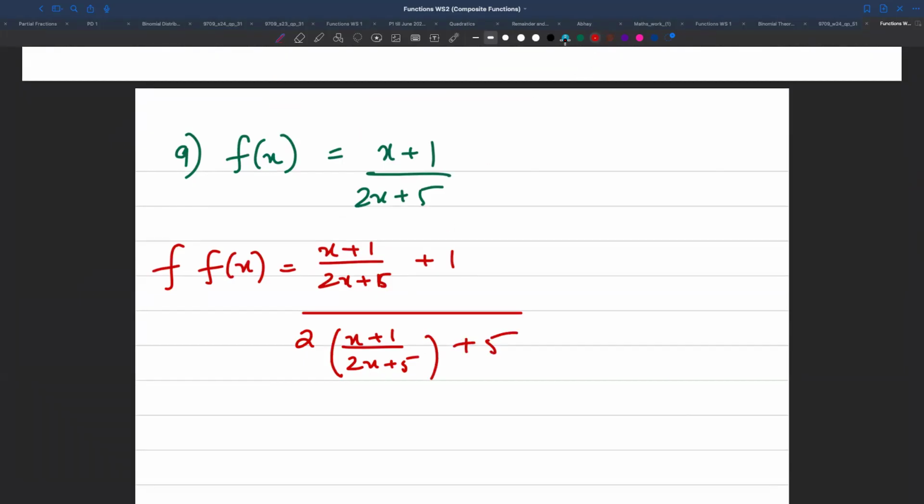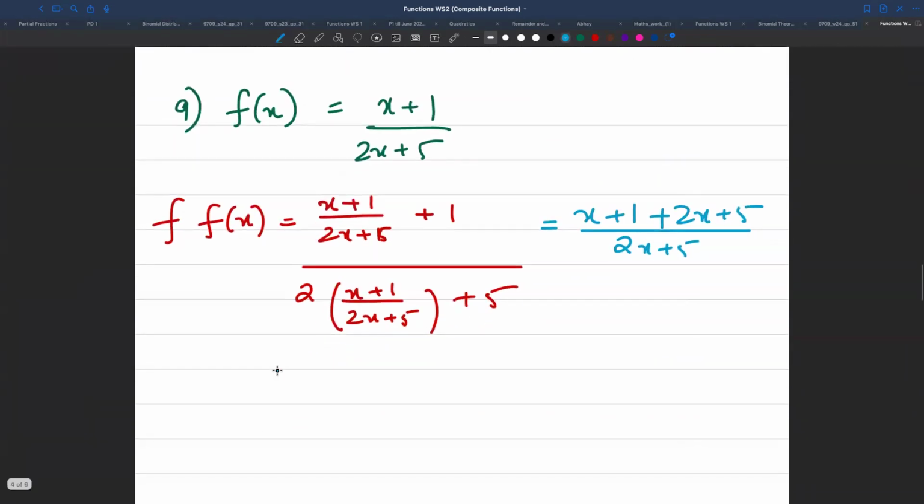Now once you have this, let's solve the numerator separately. So in the numerator, the LCM is 2x plus 5. And the numerator will become x plus 1 and then 1 multiplied by 2x plus 5 is 2x plus 5. So this is our numerator. And for the denominator, this is 2x plus 2. The LCM will again become 2x plus 5.